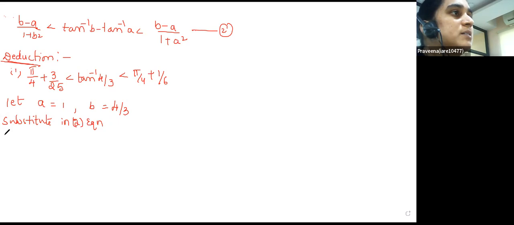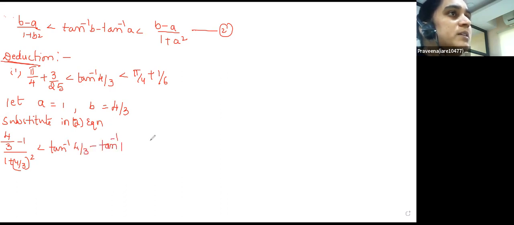From that, 4 by 3 minus 1 by 1 plus 4 by 3 whole square less than tan inverse 4 by 3 minus tan inverse 1 less than 4 by 3 minus 1 by 1 plus 1 square.